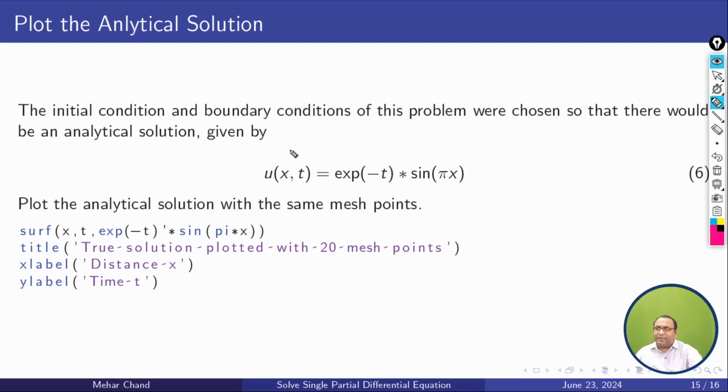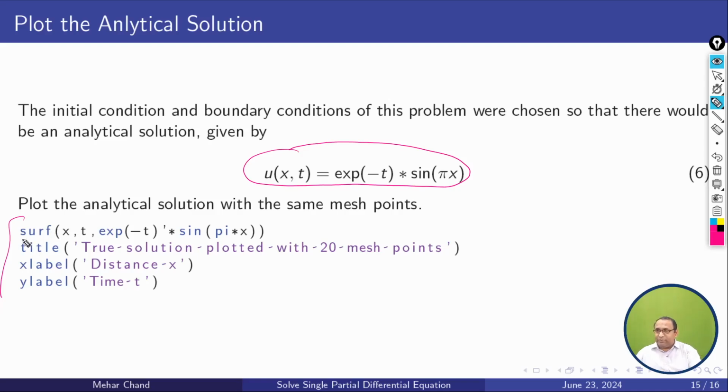Here is the analytical solution, obtained by simplifying the given partial differential equation using any method. When we have the analytical solution, we need to plot this also for comparison purposes. So these are the statements for the visualization of this analytical solution.